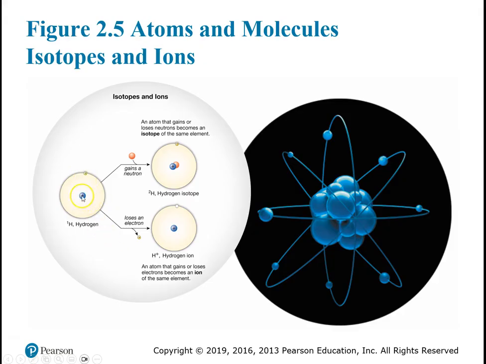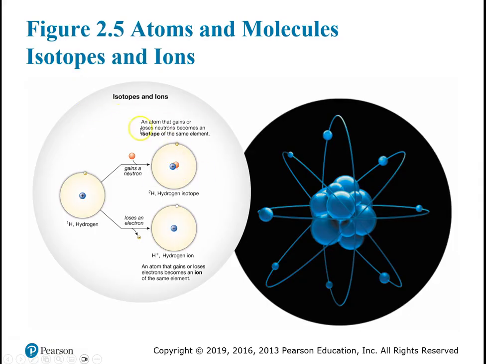All right, so if the hydrogen atom gains a neutron, it becomes an isotope. We have not changed the number of protons, and we have not changed the number of electrons. We've only changed the number of neutrons, which, remember, have a neutral charge. So this does not change the charge. It does change the mass of this atom, though.